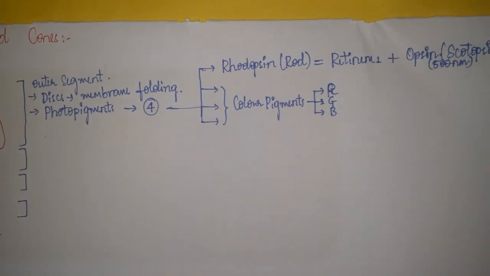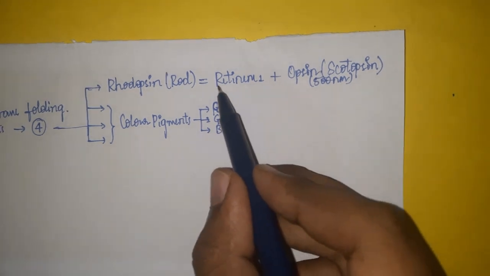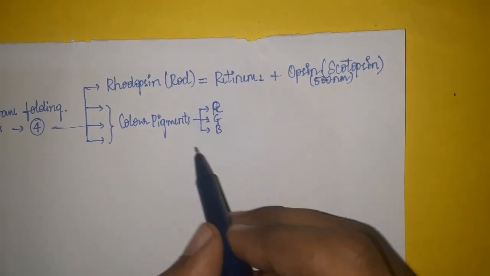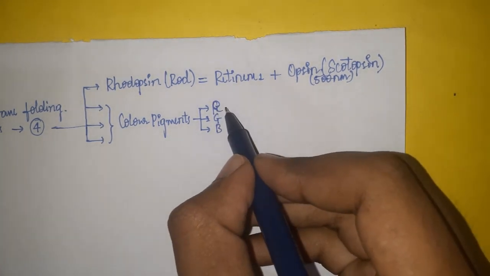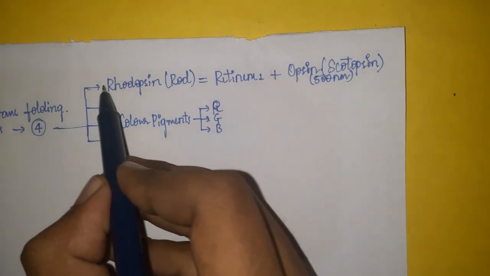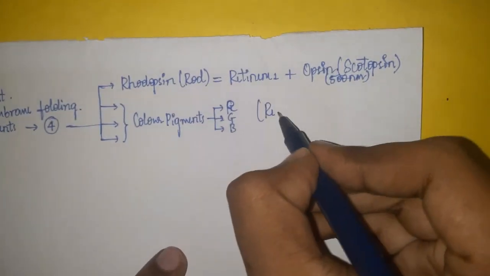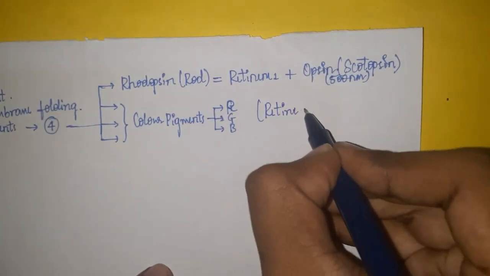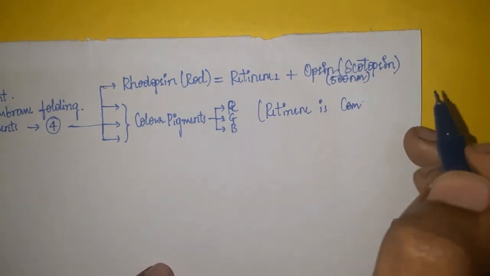Now these are the photopigments. Of course, as I said, retinine is present in all four pigments, but opsin differs. The slight difference in opsin causes the different photopigments. Retinine is common, only opsin differs.